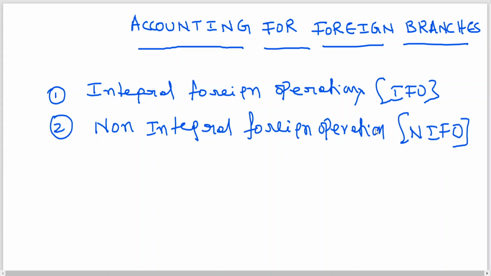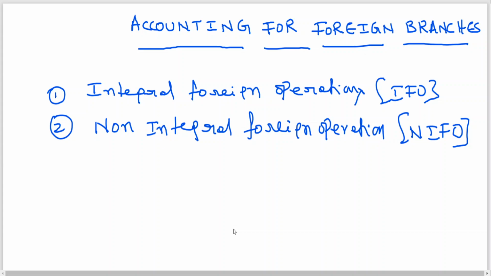Now we'll see the exchange rate to be used for the reporting enterprise. This is clear? That means if you want to convert foreign currency into Indian currency, how do we convert, at which exchange rate? Because you are all aware that the exchange rate keeps on changing.